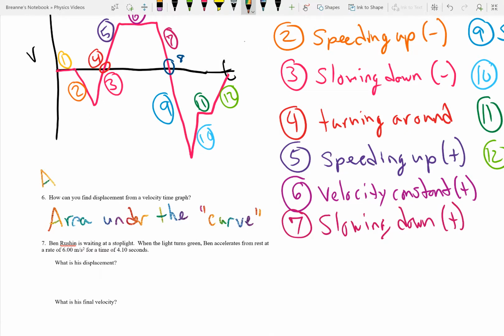You have area of a triangle, which is 1/2 base times height, or area of a rectangle, which is base times height. And remember, if you're trying to find displacement, direction matters. Anything above is positive, anything below is negative. So you just add up the top, subtract the bottom, and you're good.